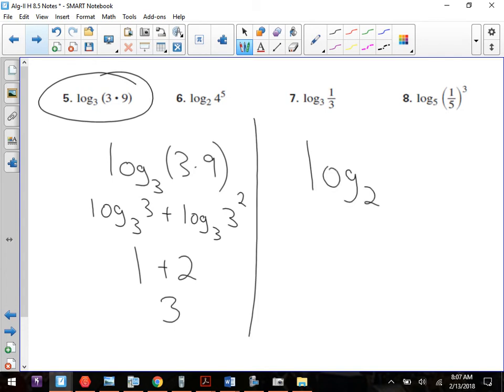Log base 2 of 4 to the 5th. If I'm going to expand that one out, I'm not going to use the addition or subtraction. I'm going to use my exponent rule, which means I'm going to put the 5 in front of the logarithm.